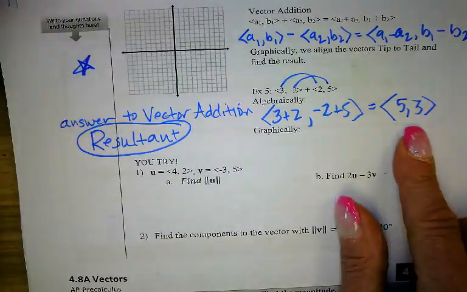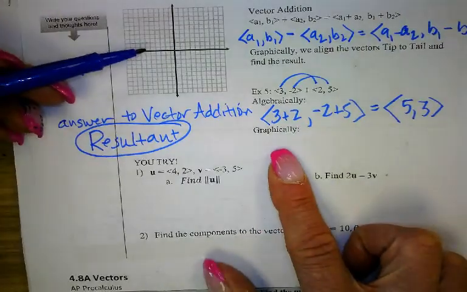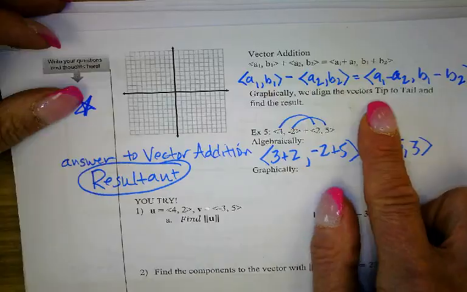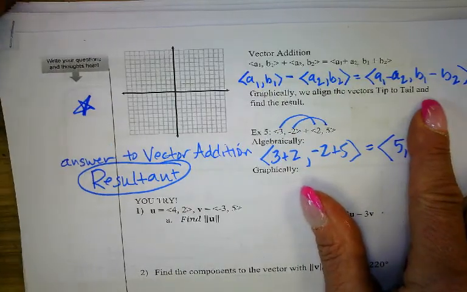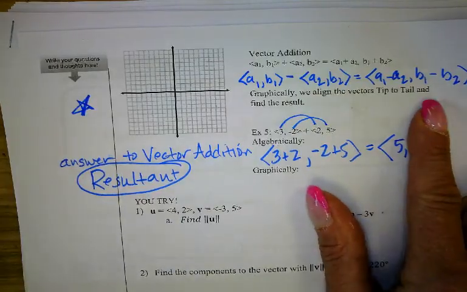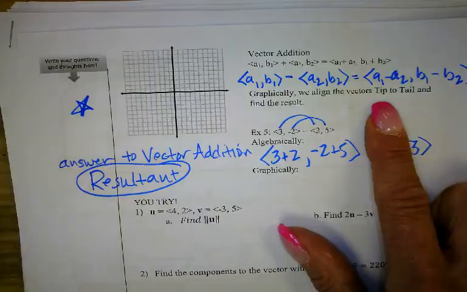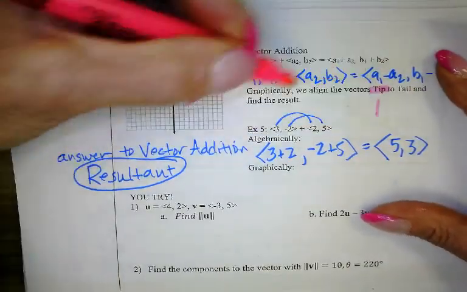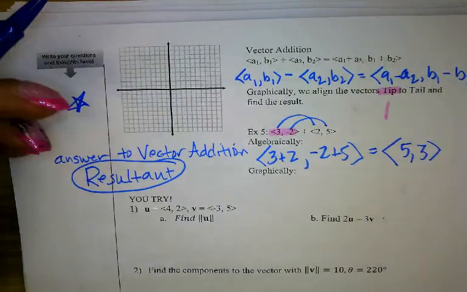Now, graphically, I'm going to do it up here. I'm going to use a method called tip to tail to help me figure out where my solution begins and ends. I'm going to start by drawing vector 1, and you always start your first vector at the origin. So vector 1 is 1, 2, 3, comma, -2.